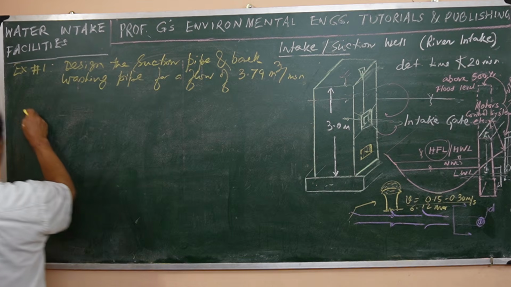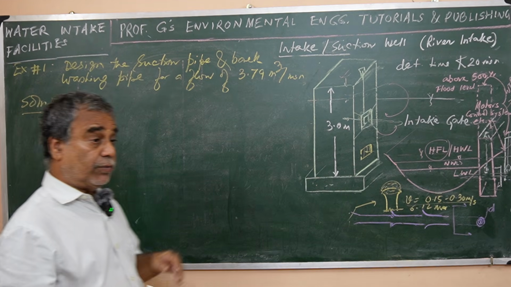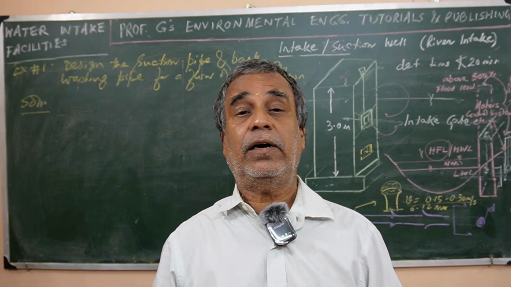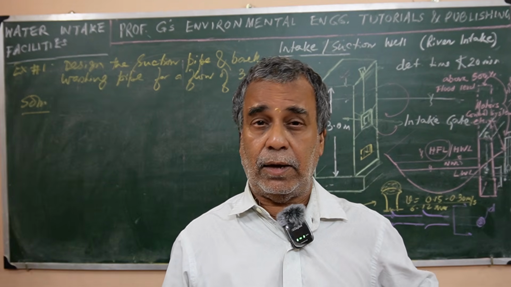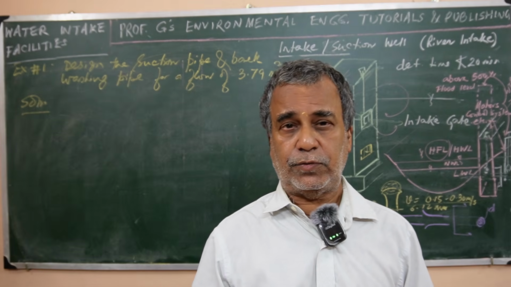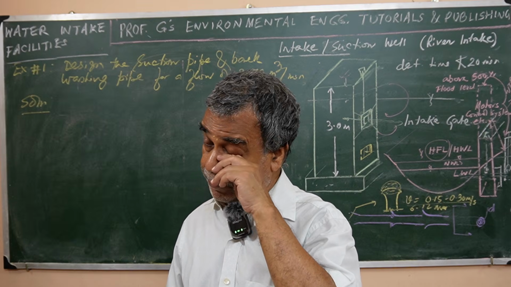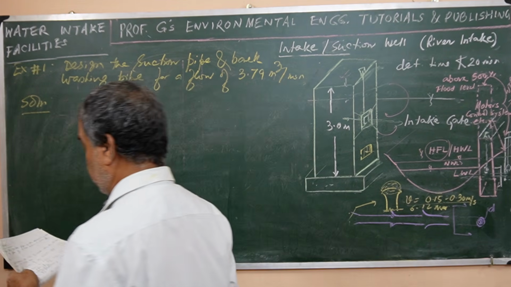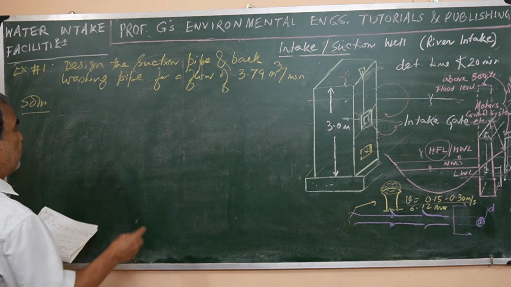Okay, now the solution is very simple. I am starting with the solution to the basic numerical problems associated with pumping for the intake facilities, as a component of the pumping or intake works. Assume the velocity of water through the suction pipe as per the design guidelines, which I have discussed already; you can refer back to the earlier discussion.